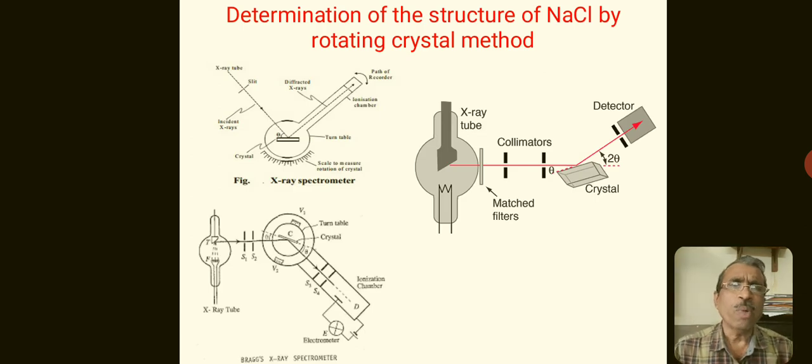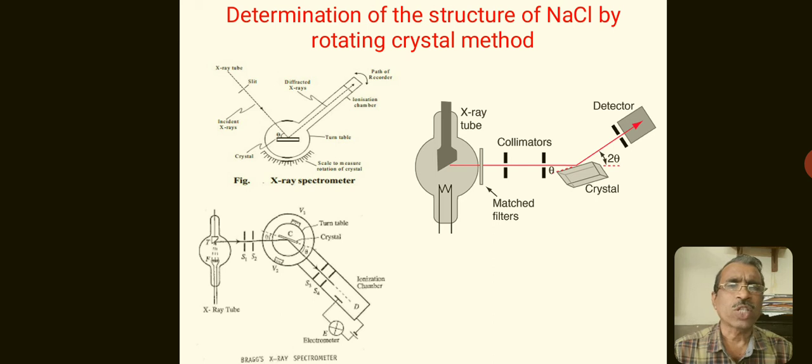Now, another point I would like to mention here is the determination of the structure of sodium chloride by the rotating crystal method. In the rotating crystal method, I have shown three diagrams, so you can write any one diagram in the examinations.